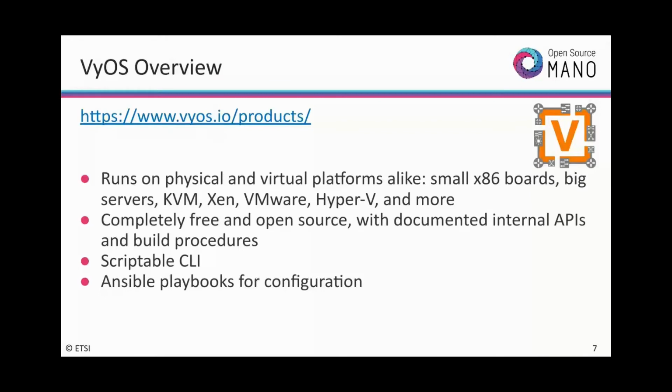It's got well-documented internal APIs and build procedures. It has a scriptable CLI, and importantly, it already has Ansible playbooks for configuration. Why is that important? Well, that means there's less code for me to write. All I need to do is tell the Juju charm, execute this Ansible playbook with these parameters, and it will go ahead and do the configuration for me.